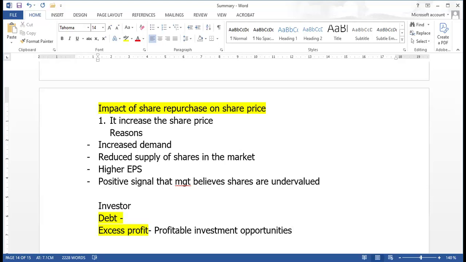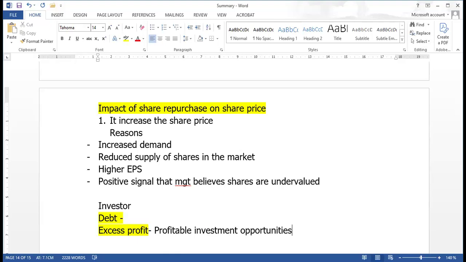Remember, my focus as an investor is that I want to invest in an entity that has profitable ventures, because in the long run I will have more dividends. If the entity performs well from those investment opportunities, I will have much dividends.